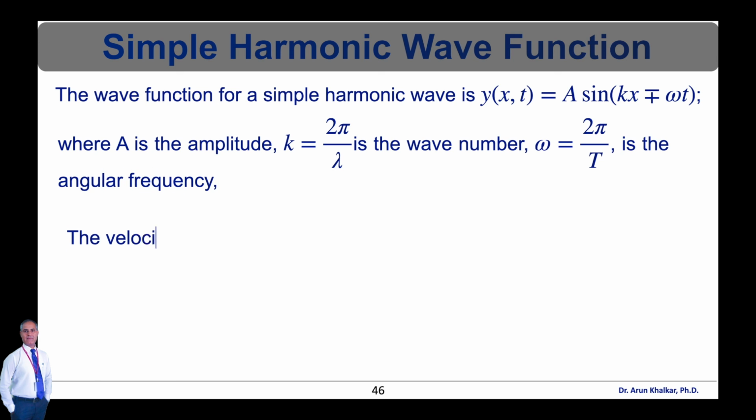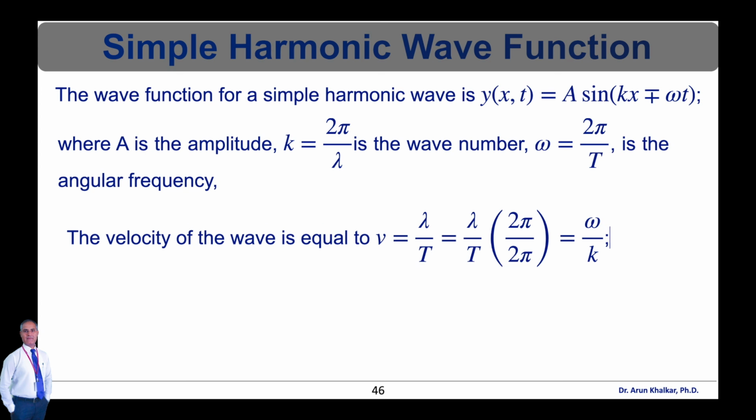The minus sign is for waves moving in the positive x direction, and the plus sign is for waves moving in the negative x direction. The velocity of the wave is v equal to lambda upon capital T, which is equal to lambda upon capital T into 2 pi by 2 pi, that is, multiplying and dividing by 2 pi. Then we get v equal to omega upon k.